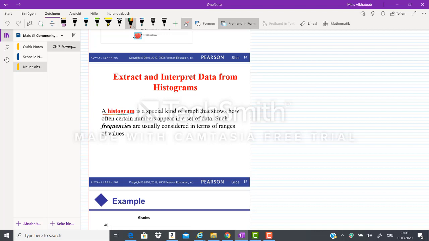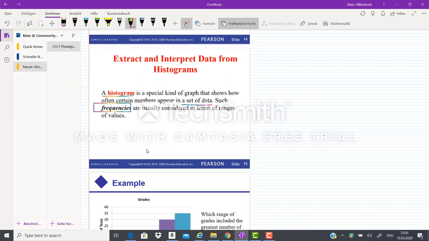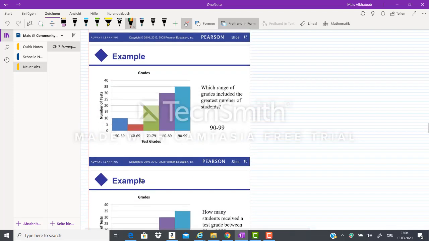The important thing is it represents the data with frequency. So I have a set of data with frequency. How does it look? It looks like this.